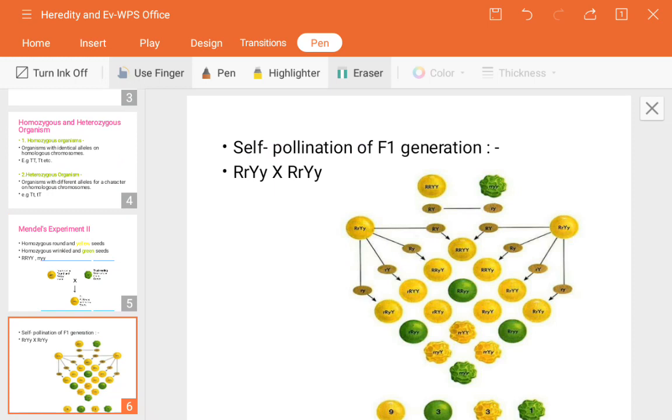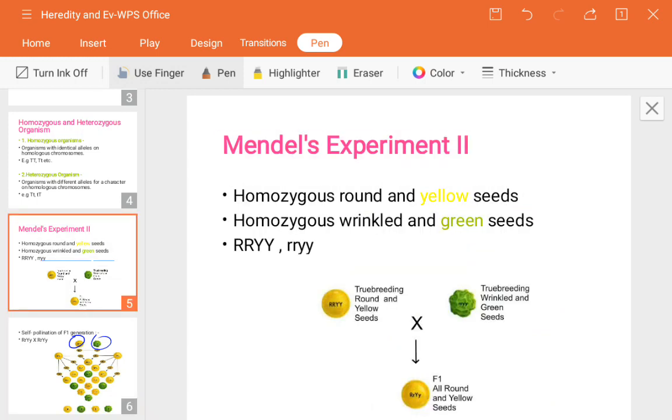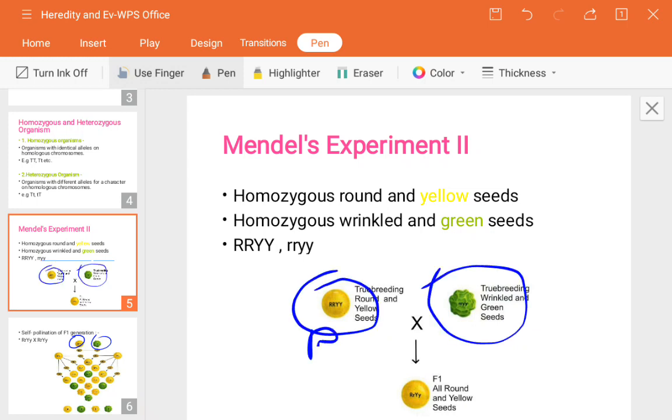Now see here, after crossing, how many results came out, you can see. In this slide, from this character we chose the common one, capital R and capital Y and small r and small y.